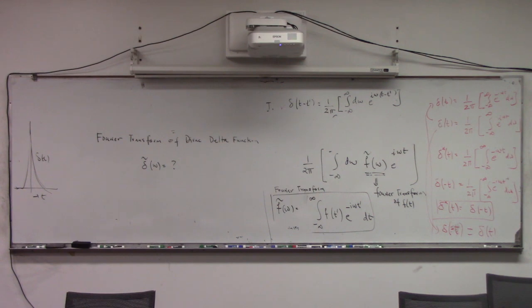It's going to be switched. I just said something about t space and omega space. If something is sharply peaked in one space, at a single point, then in the other space it is spread, a constant value.